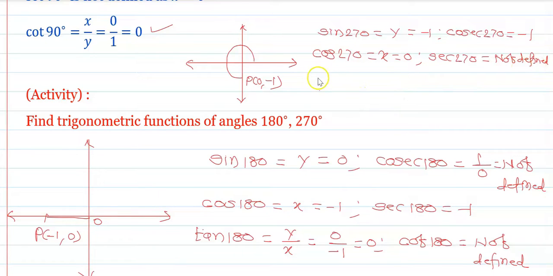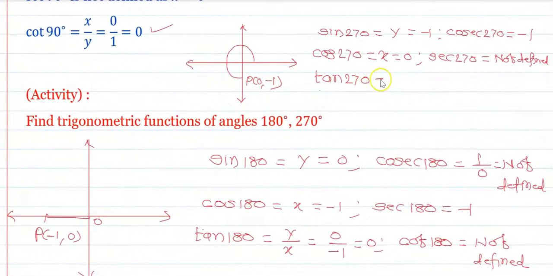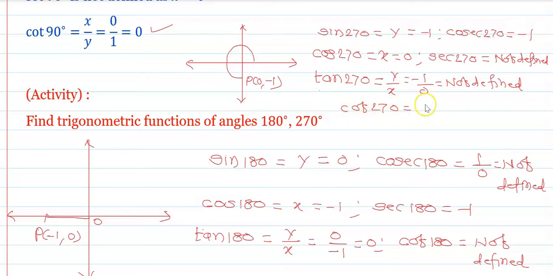Next is tan of 270. Tan of 270 is y upon x, which is minus 1 upon 0, is again not defined. Okay. And what about the cot? Cot of 270 means what?